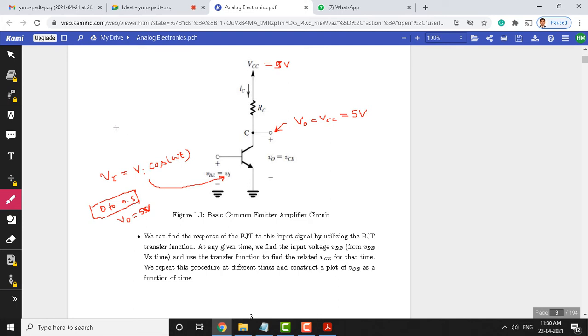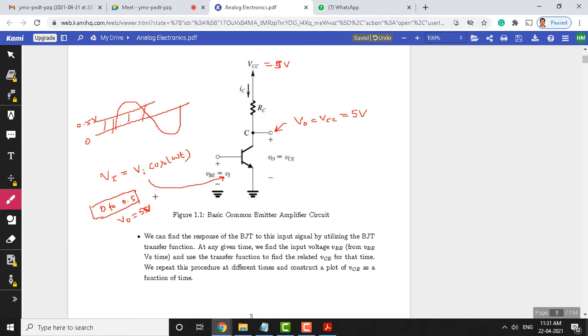Suppose this is a sinusoidal or cosine signal, this level is say 0.5 and this is 0. I am asking you what will happen in this range, 0 to 0.5, of the input signal.